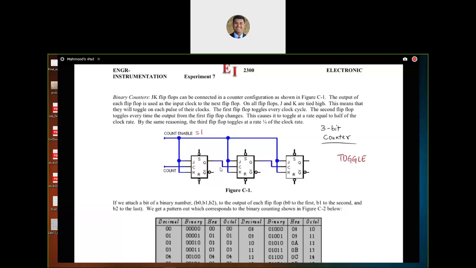So all 3 flip-flops are right now in the toggle state. And as count is going up, let's say I have count that goes 0, 1, 0, 1, 0, 1, and so on. And let's call this particular point Q0, this one Q1, and this one Q2.